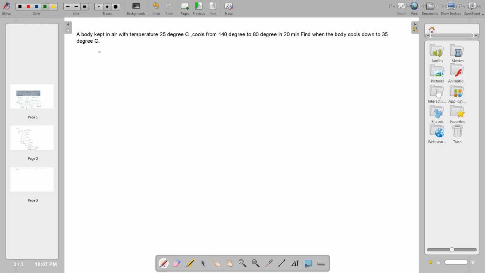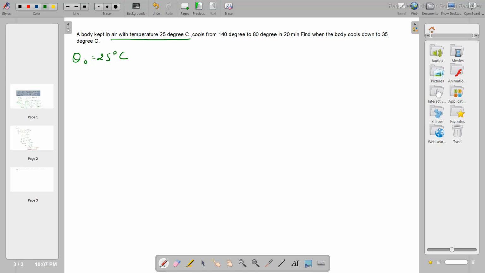Okay, so we have some data, so we'll write it. A body kept in air with temperature 25 degrees Celsius. From this line, we understand that theta naught is equal to 25 degrees.